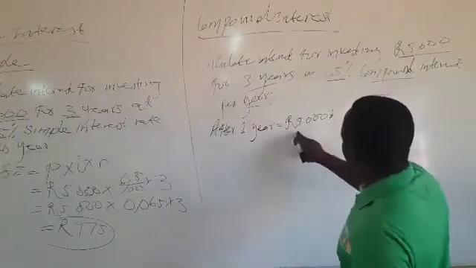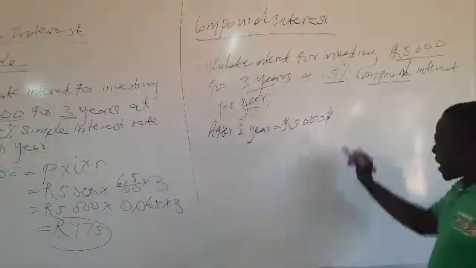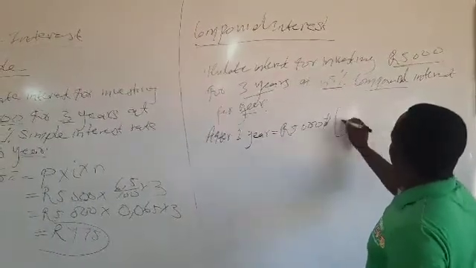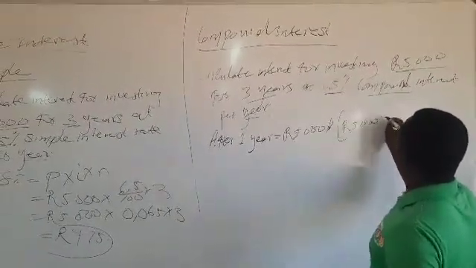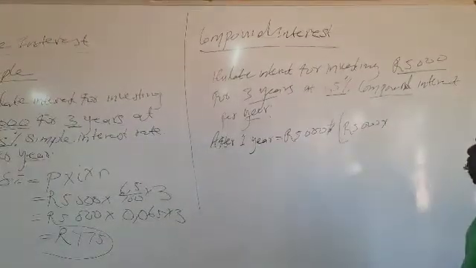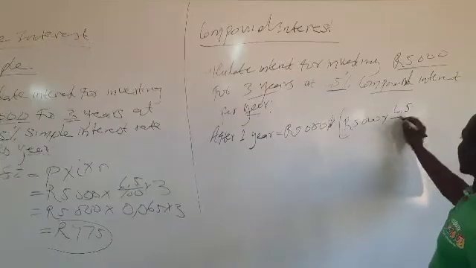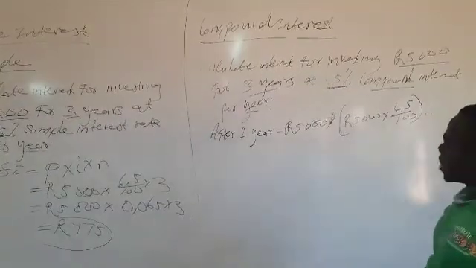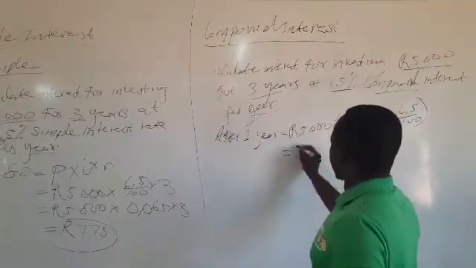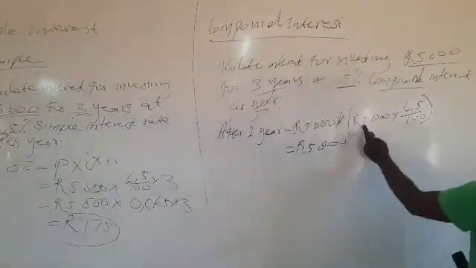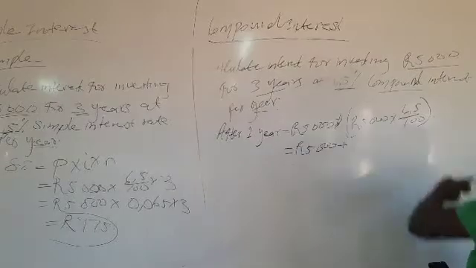You say 5,000 rands plus, open bracket, 5,000 rands multiplied by the interest rate, which is 6.5 over 100. Then it's equal to 5,000 plus 5,000 times 6.5.